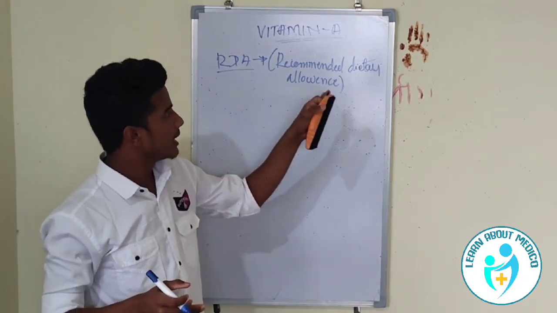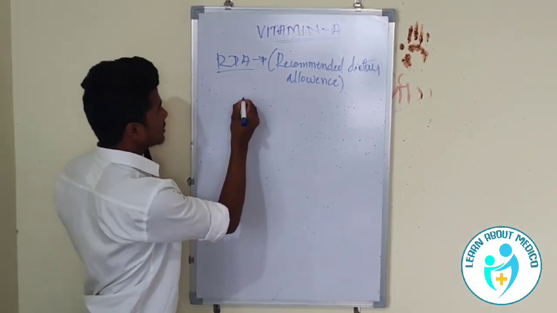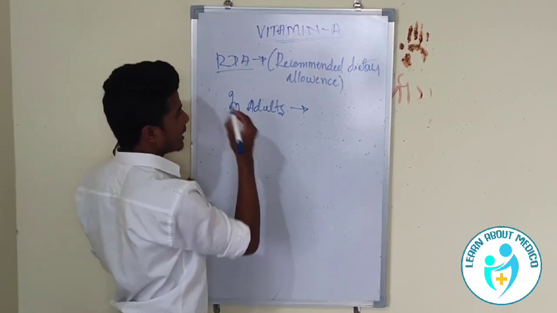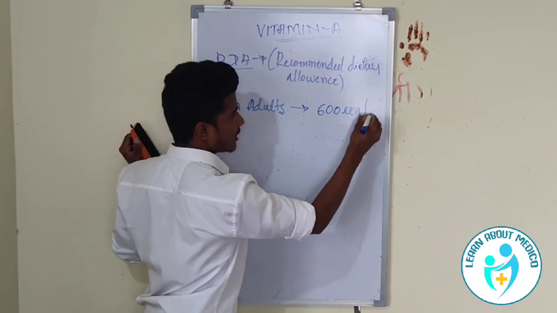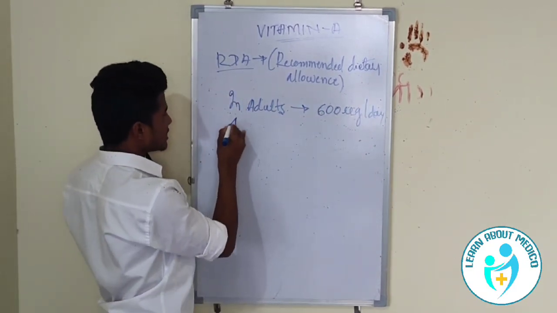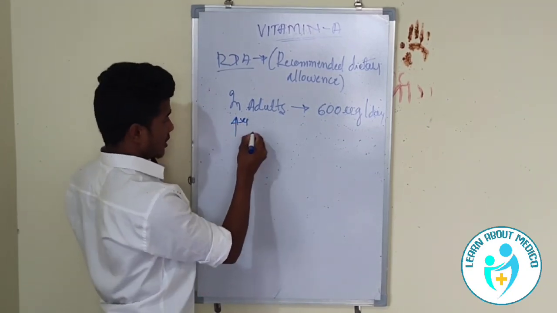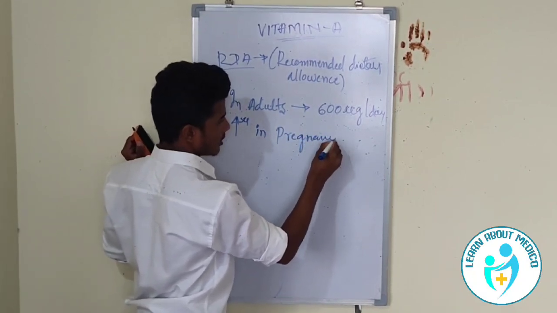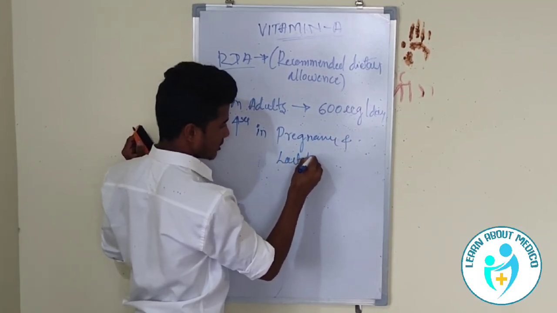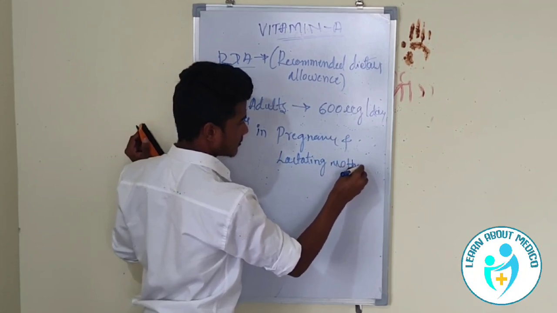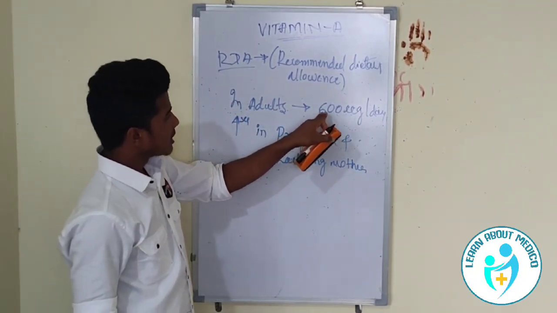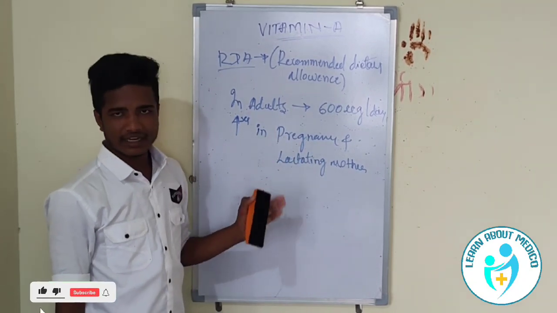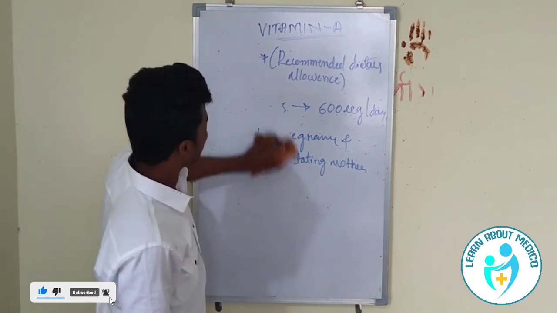For vitamin A in adults, the RDA is 600 micrograms per day, and it increases in pregnancy and in the lactating mother. This is all about the RDA of that vitamin.